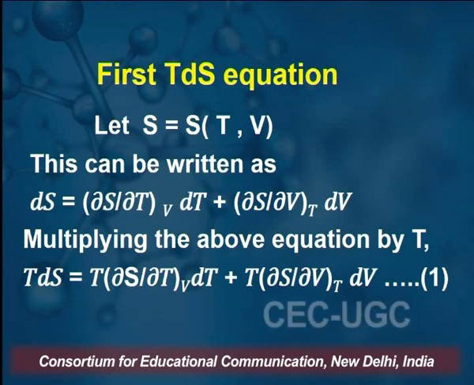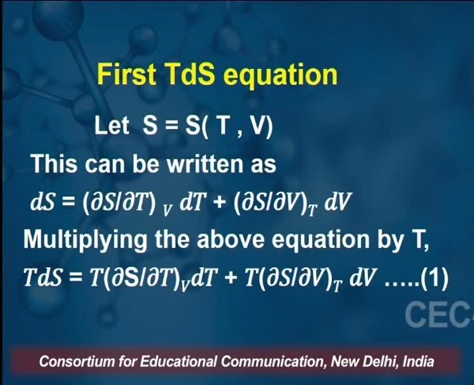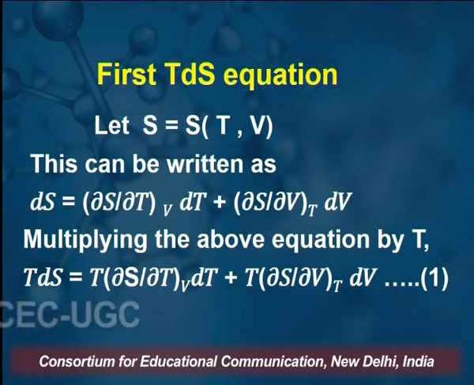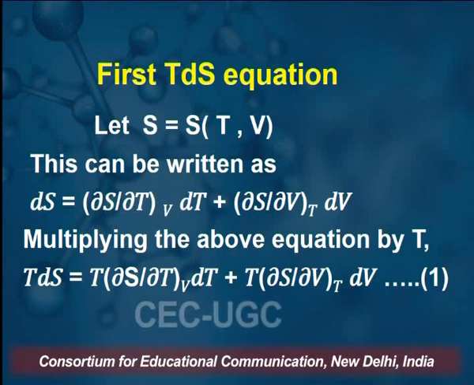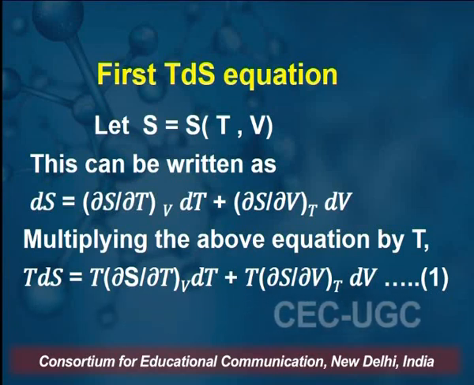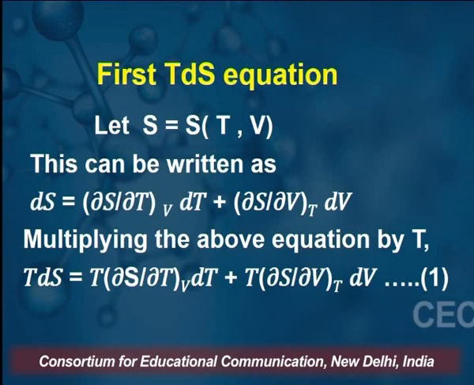Let us multiply the above equation by T, because we are finding the TdS equations. What do we get? TdS is equal to T delta S by delta T at constant V dT plus T delta S by delta V at constant T into dV.